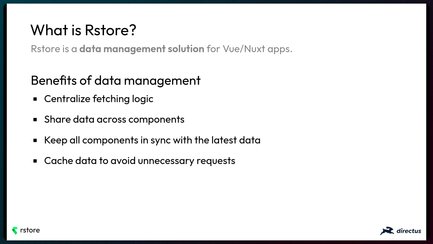So why is data management quite important? It's because usually in your application you have a lot of components that are interconnected and use the same data. For example, you could have a profile form to update the user profile information, but you also have a little avatar of the current user in the app header, top right, for example.